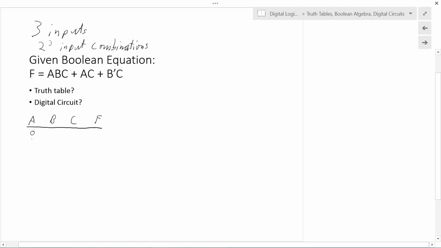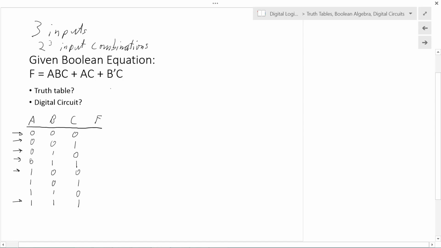So 0, 0, 0, 0, 1, 1, 1, 1 for 8 possible input combinations. 0, 0, 1, 1, 0, 0, 1, 1, 0, 1, 0, 1, 0, 1, 0, 1. And we can see, looking at the values of A, B, and C, that we have 0, 1, 2, 3, 4, etc., all the way up to 7, all listed in binary now.